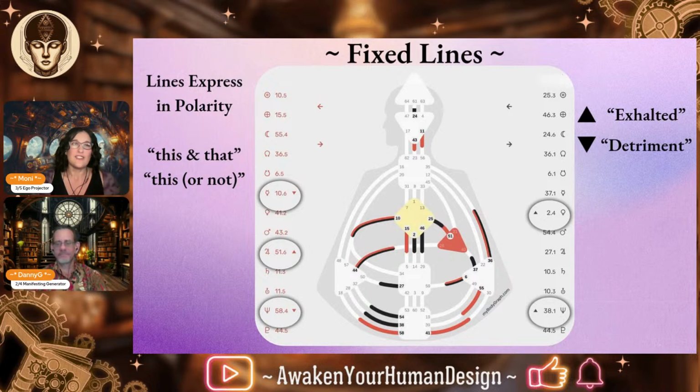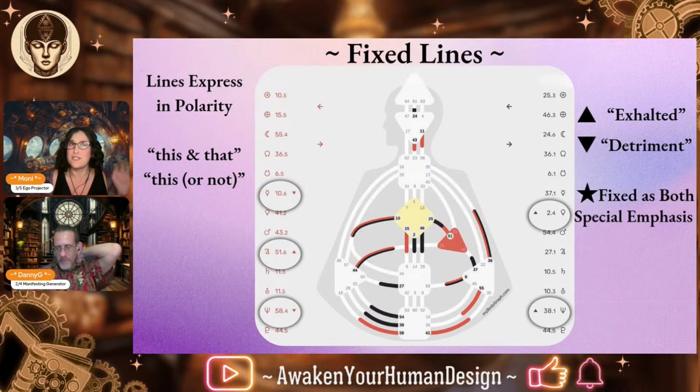So you can have exalted or detriment. If you look those up in Human Design, the definitive book, your Encyclopedia Britannica basically, in the back you can look up where there's the fixed triangle up and the fixed triangle down. Sometimes you'll see a star instead of a triangle, and that means it's fixed as both.